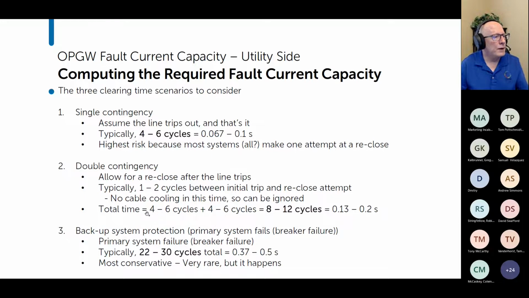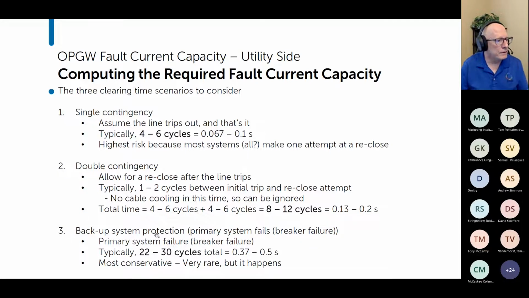In that situation, you've got 4 to 6 cycles, then that intervening period that you can ignore, whatever time it is, and then another 4 to 6 cycles. So for purposes of calculating fault current capacity, you can sum these together for a grand total of 8 to 12 cycles. And this is what I'm calling the double contingency.